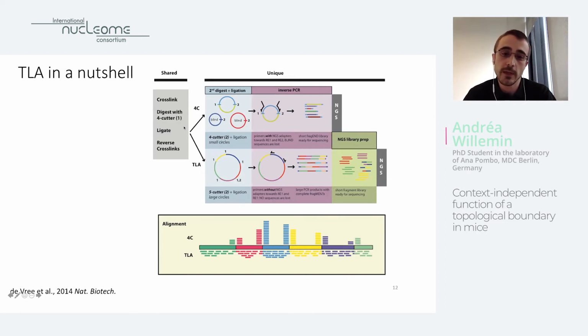However, due to specific differences in the restriction and the library preparation workflow, TLA produces larger hybrid DNA circles and results in a better sequencing readout of the so-called hybrid junctions or connections, which are connecting DNA fragments of different origin. Now, the key is that the connection between the transgene and the chromosome should be present somewhere in these hybrid junctions, and this could be resolved by TLA.